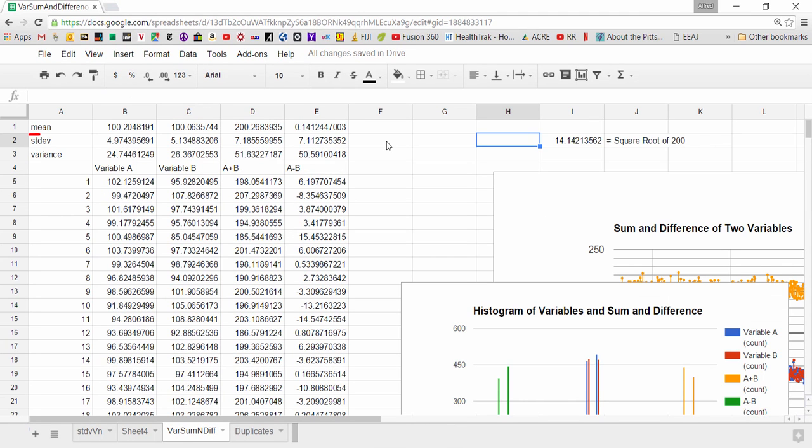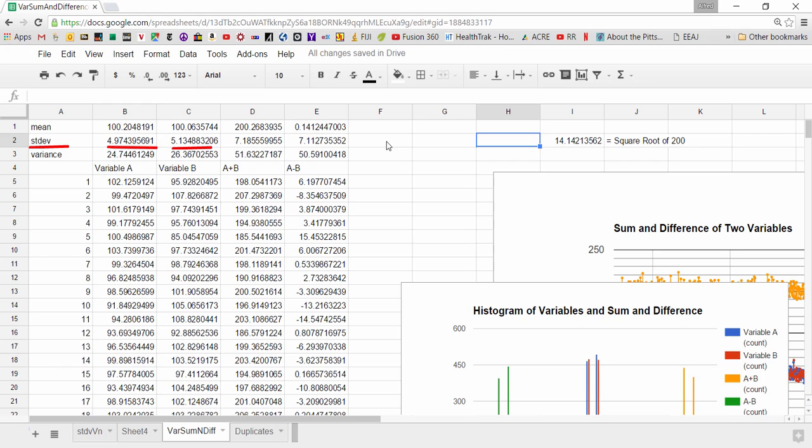Now, when we look at the numbers in the top three rows that compute the actual mean, standard deviation, and variance for the data sets below, we see that the mean is still close to 100 for variables A and B, and 200 for the sum, and 0 for the difference. But the standard deviation is now close to 5 for the variables themselves, and about 7 point something for the sum and for the difference.